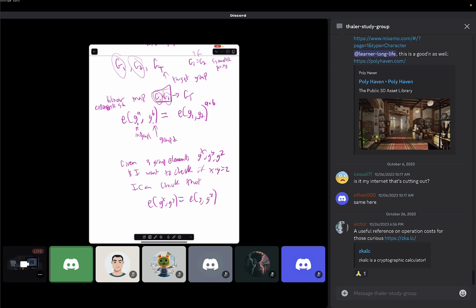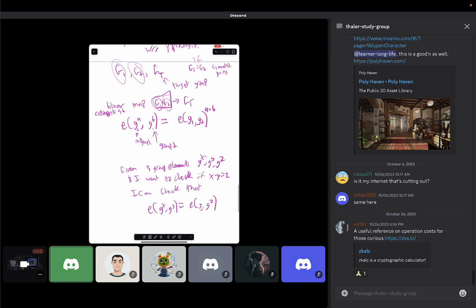Let's assume there's always a trivial bilinear map that just maps everything to the identity element of the target group. So let's assume E is not trivial. The trivial map would just be defined as E of anything equals the identity element of the target group.